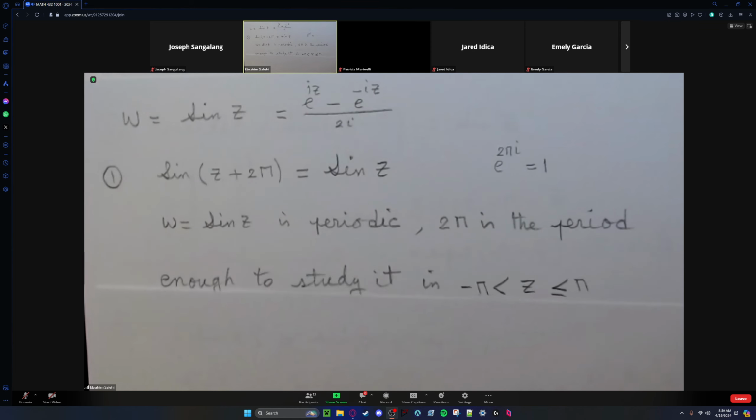So it is enough to study the function in one of its full periods. And the real part of z has to be between -pi and pi. That's a vertical strip.